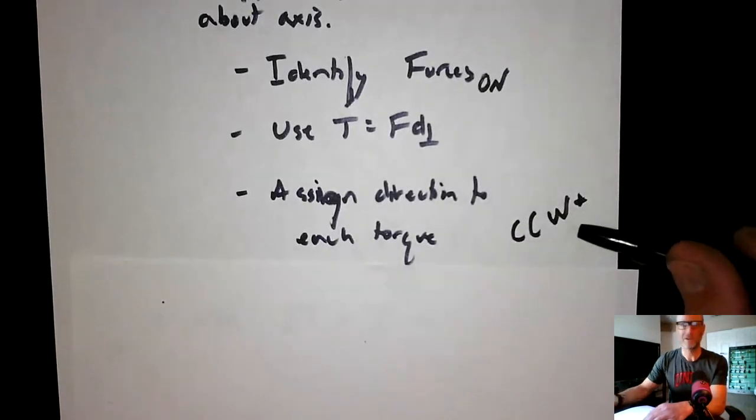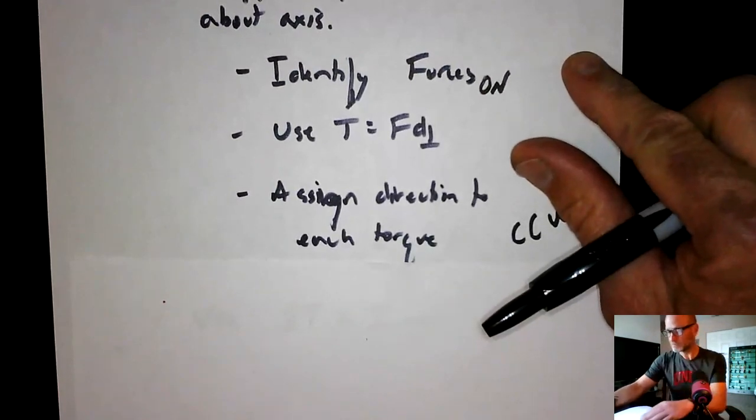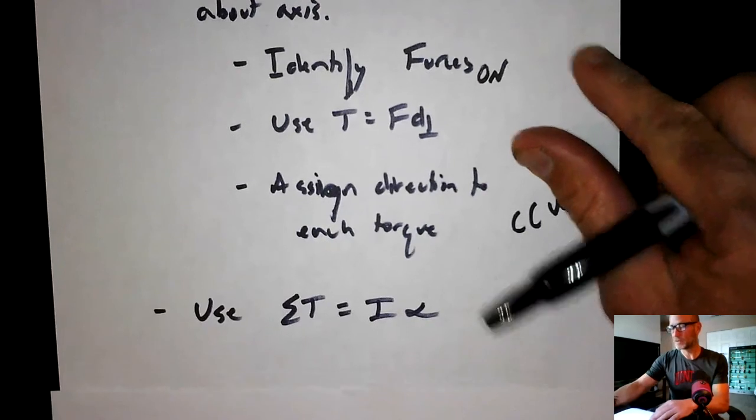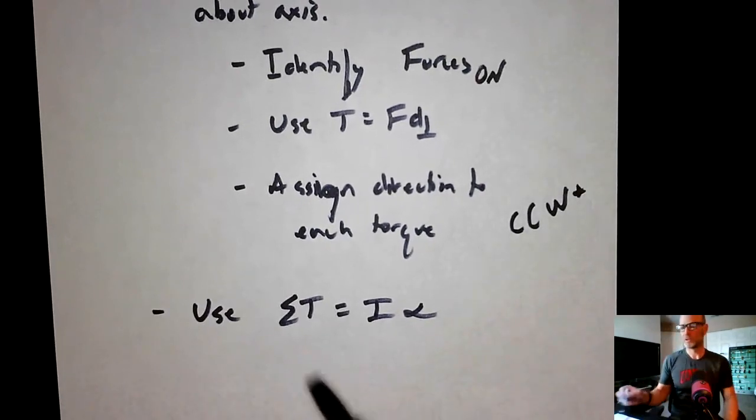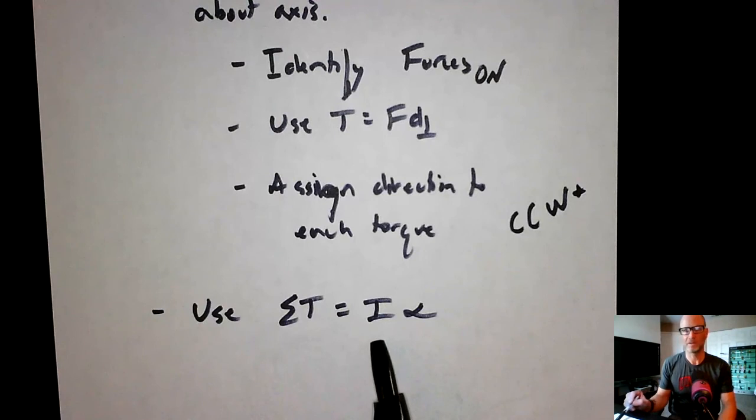Remember, that reference frame is just as logical as saying up is positive. Then once we have that information, we are going to put all the torques with the directions assigned to each torque on this side of the equality sign, and on this side of the equality sign, we'll need to know moment of inertia and angular acceleration.